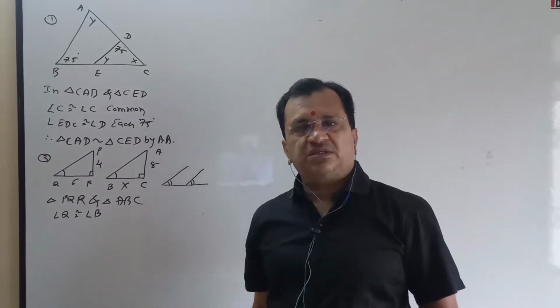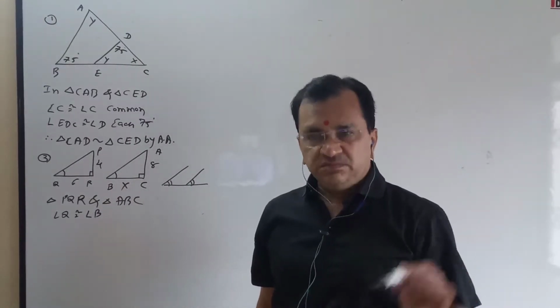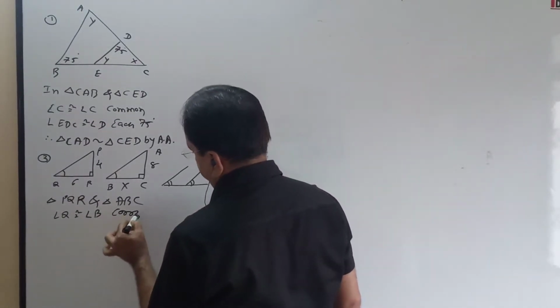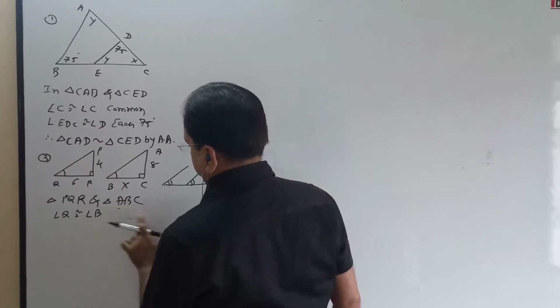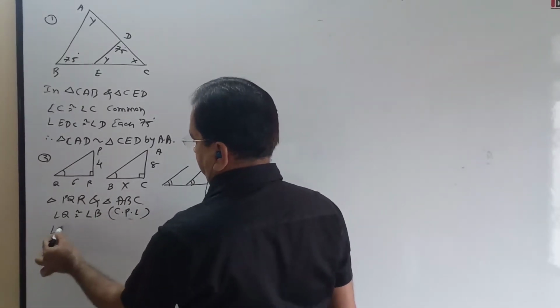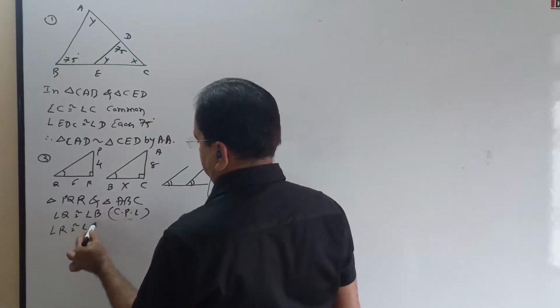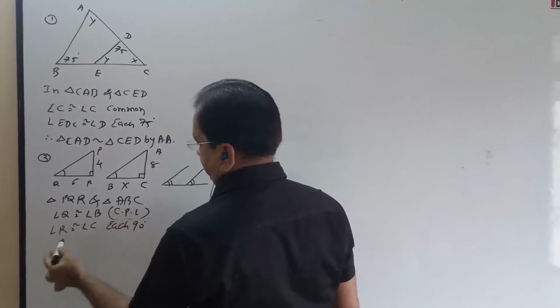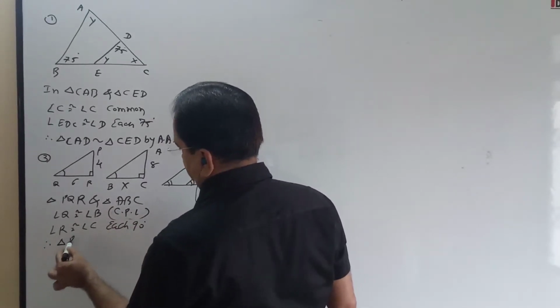F means corresponding angle. Angle R is congruent to angle C, each 90. Therefore similar.